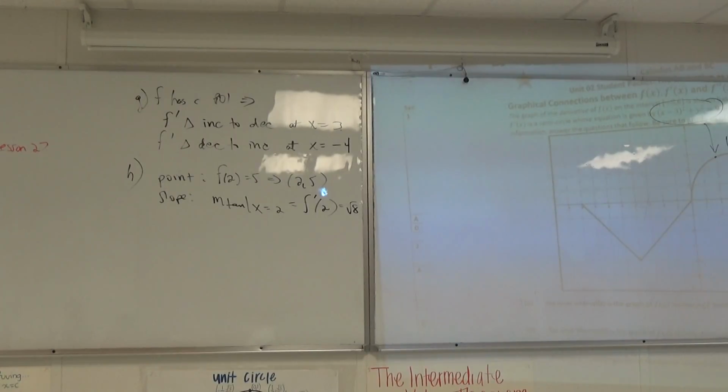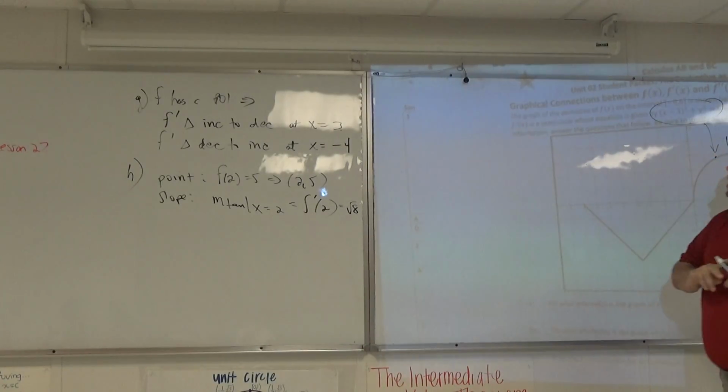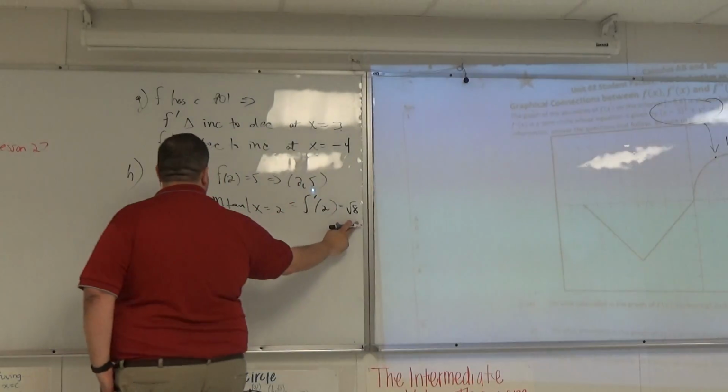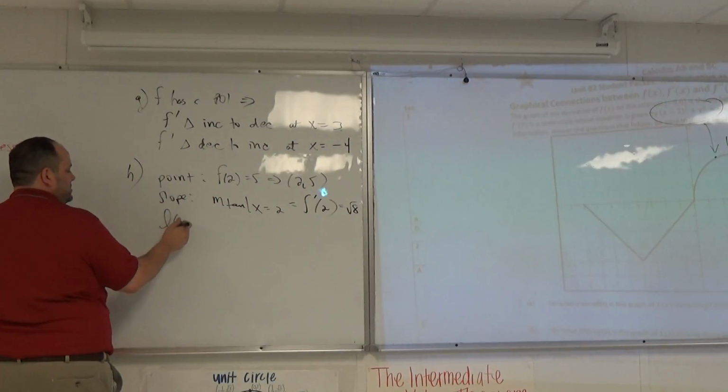Why not? Why not the negative? Not because of the domain restrictions, but look at the graph. What we're estimating is the y coordinate up here, and don't you know for sure it has to be a positive value. Okay? So if f prime of 2 equals the square root of 8, then write the equation of the tangent line.